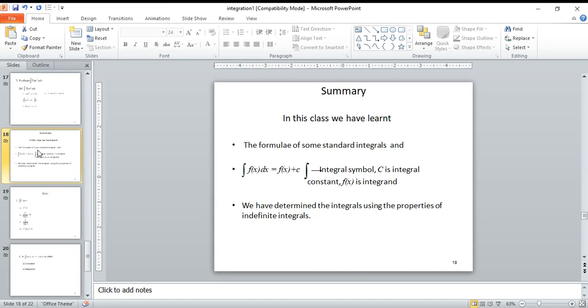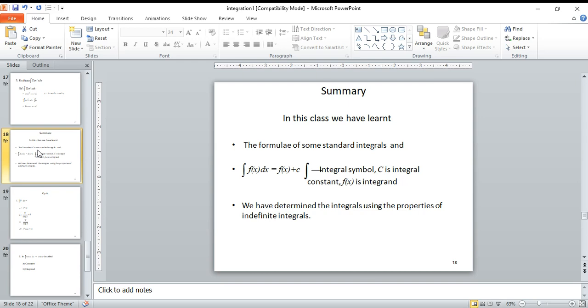Summary. In this class, we have learned the formulas of some standard integrals, and that integration of f of x dx equals f of x plus c. The integral symbol, c is the integral constant, and f of x is the integrand.